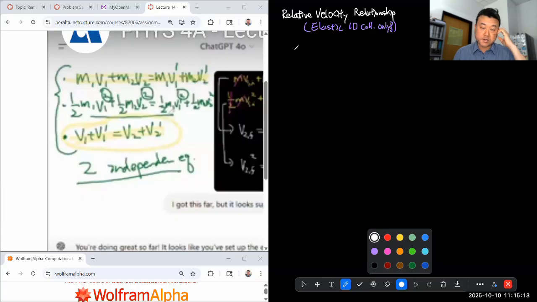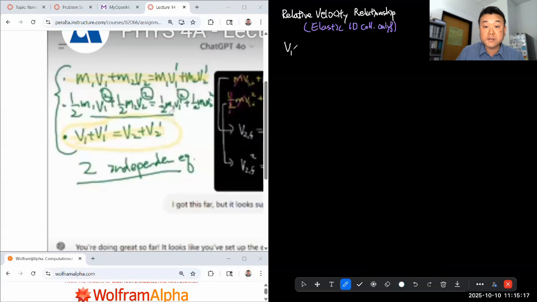It's a general relationship; one doesn't have to be at rest or anything, and their masses can be different too, even though this formula doesn't have any masses in it. V1 initial plus V1 final is equal to V2 initial plus V2 final.